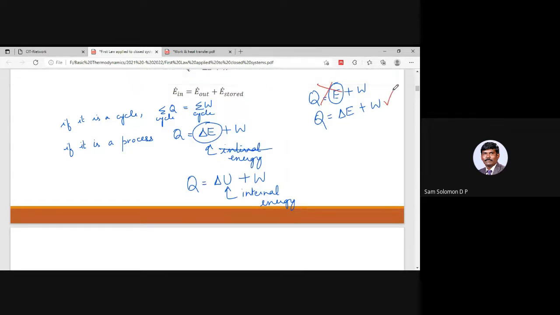The first equation doesn't have a delta. The second equation has got a delta. What is the significance of this delta? Can anyone tell me, or does anyone know? If anyone knows, you can tell me. Why do we have this delta E instead of E?